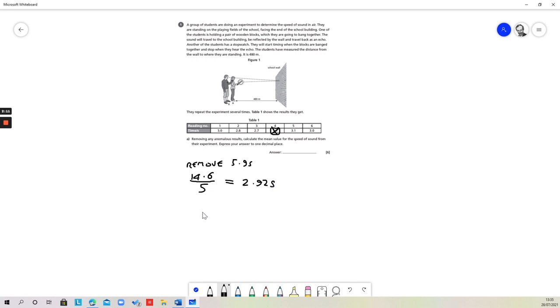We now need to work out the speed of sound, and the relationship that we're going to use is speed equals distance divided by time. So let's substitute the values into this. Now we need to be a little bit careful with this because having read the details of the experiment, what's happening here is that the sound is travelling from the students to the wall and back again, and it's really important to allow for that.